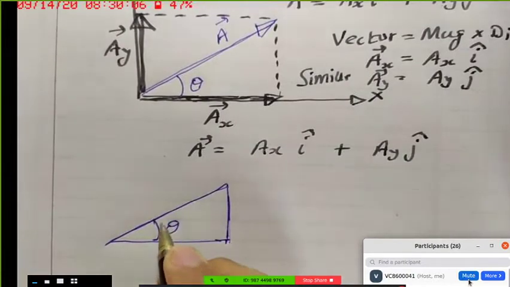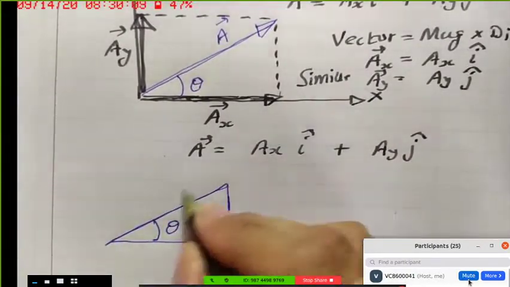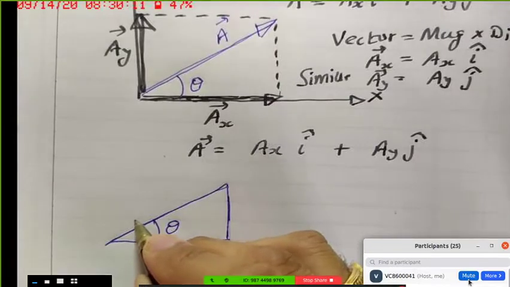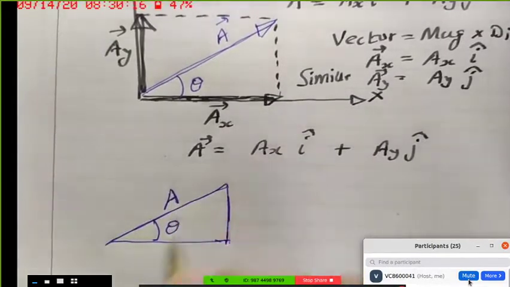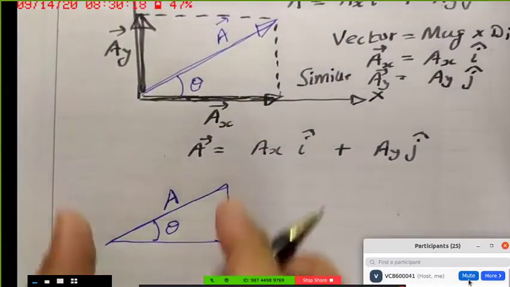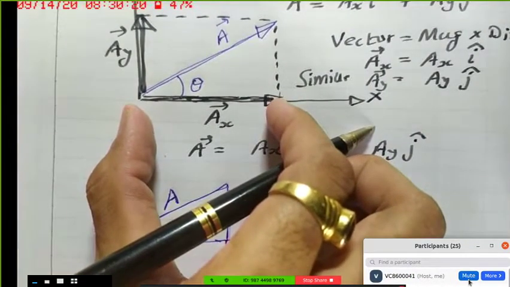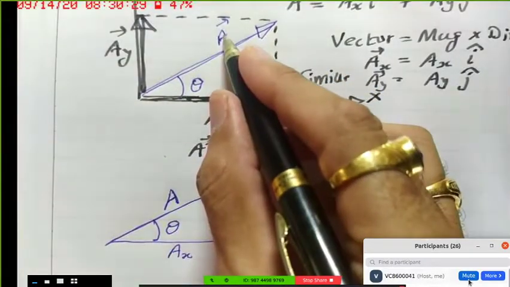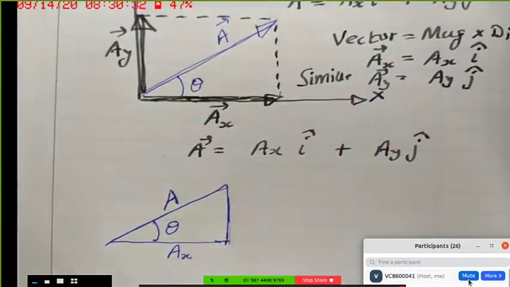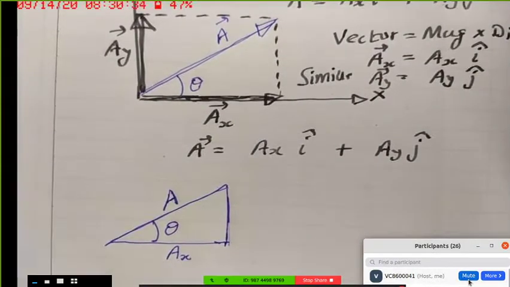What was this? A. I'm writing magnitude only. What is this? This length is Ax. I'll not write the vector sign because I'm not showing arrows. Had I been showing arrows, then I would have to write like this. Without arrow, you have to write only magnitude. Do you remember that? Yes, sir. Now one Ay is remaining, where should I show it?